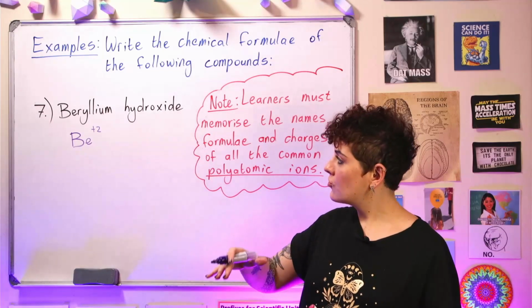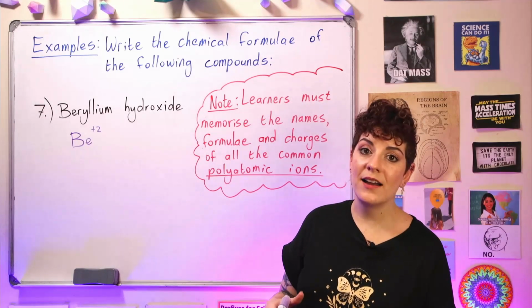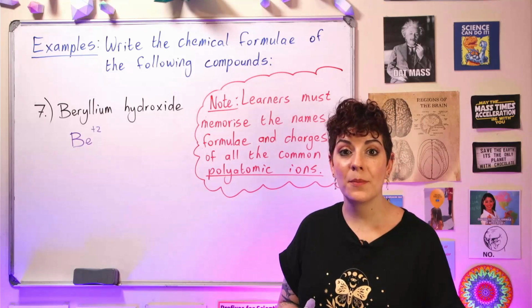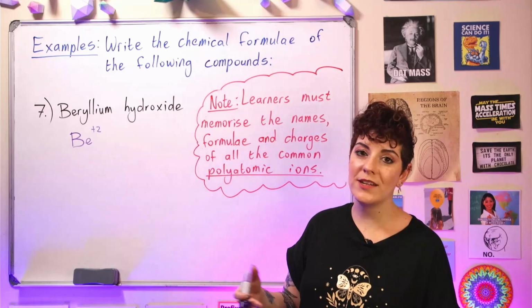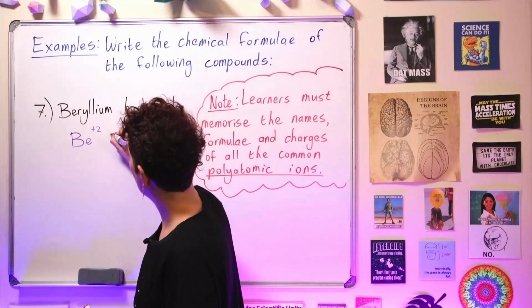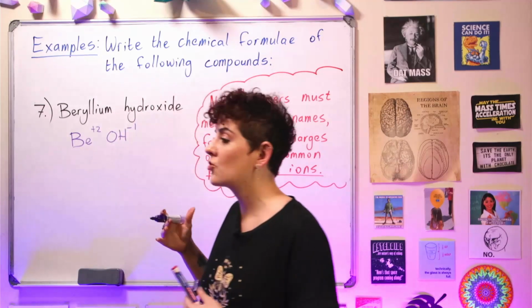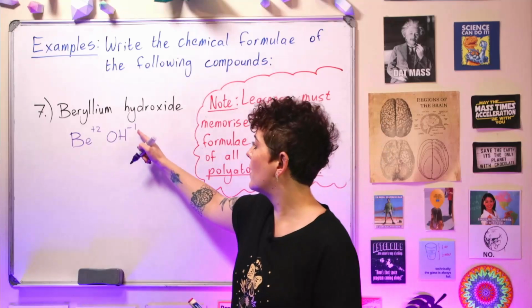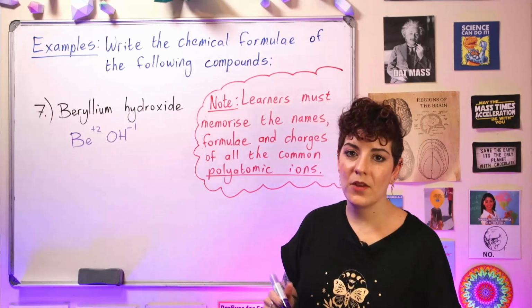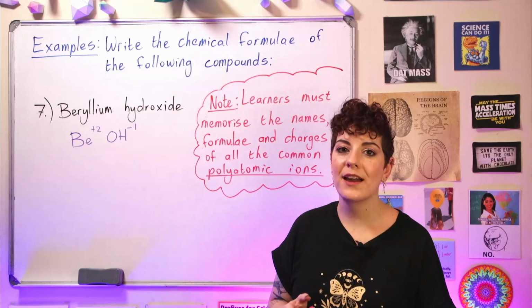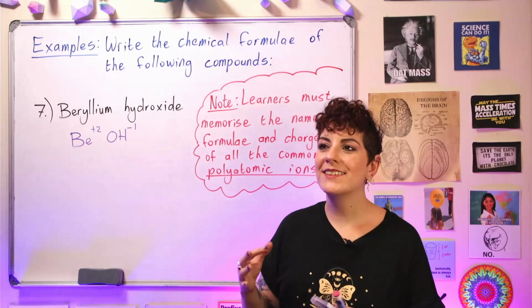Then, after recognizing that hydroxide is a polyatomic ion, we now write that polyatomic ion's formula, which you need to know off by heart. It's going to be OH-, and for the purpose of the crossover method, I'll write the -1 as well.